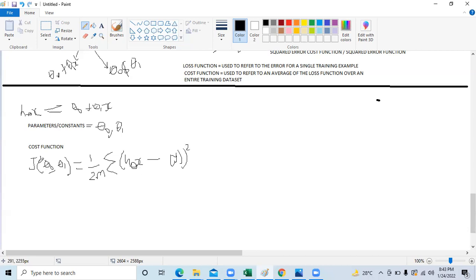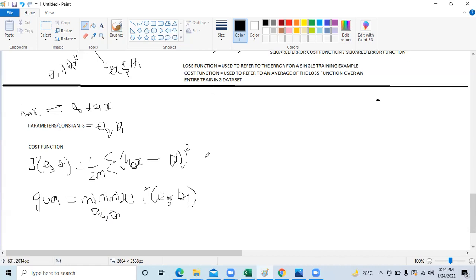And then the goal, of course, don't forget the goal, is to minimize J, to minimize our cost function, with respect to theta 0 and theta 1, right?